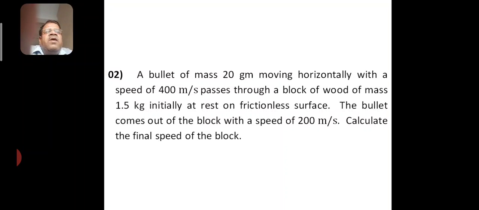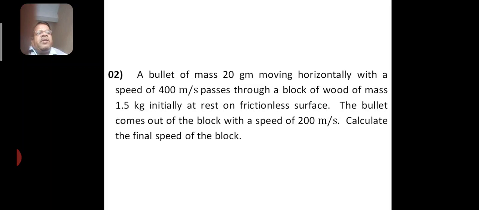A bullet of mass 20 gram moving horizontally with a speed of 400 meter per second passes through a block of wood of mass 1.5 kg initially at rest on a frictionless surface. The bullet comes out of the block with a speed of 200 meter per second.